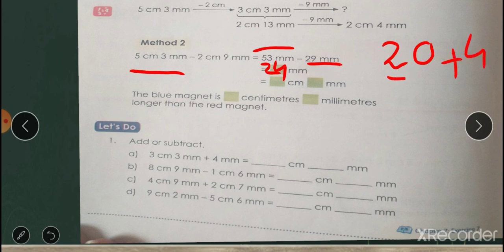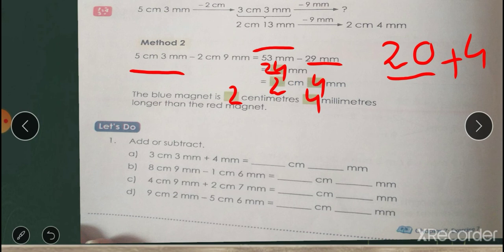So 2 tens equals 2 centimeter, and 4 is the same, 4 millimeters. So the blue magnet is 2 centimeters and 4 millimeters longer than the red magnet.